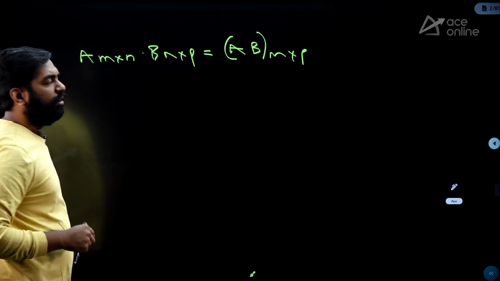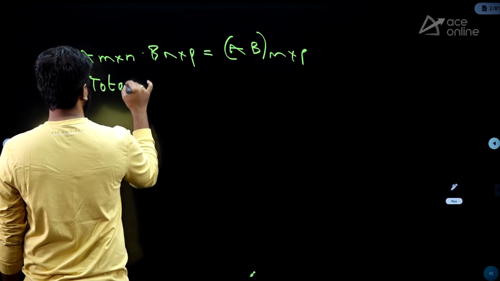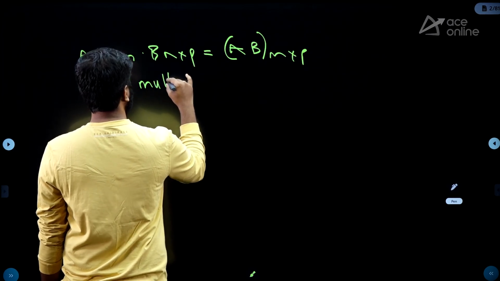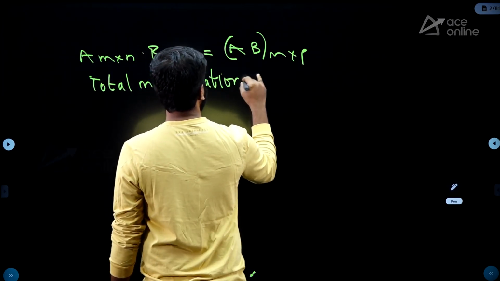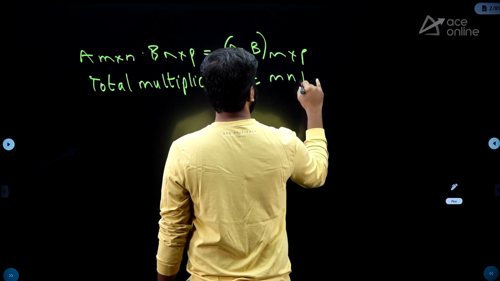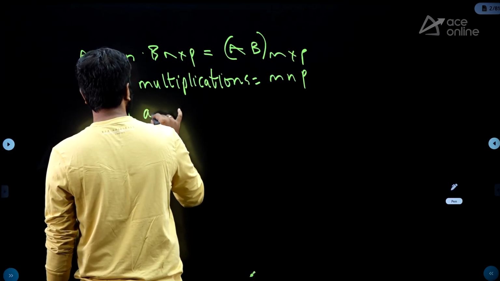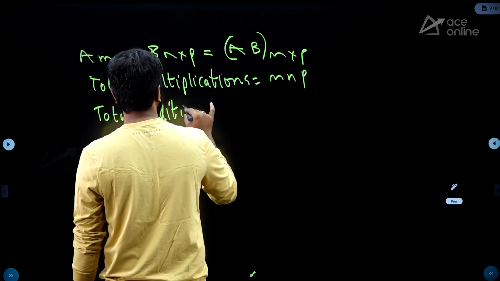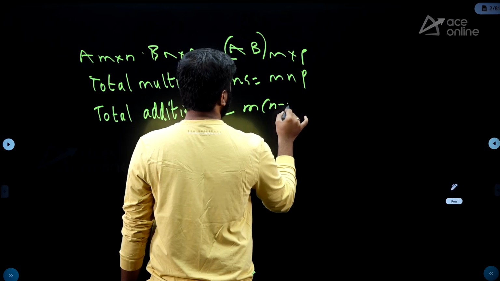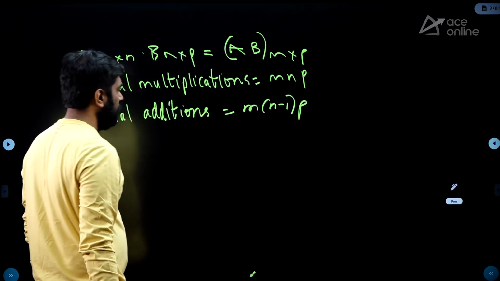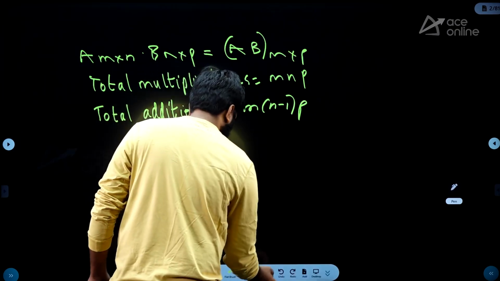In obtaining this matrix AB, the total multiplications needed is m into n into p, and the total additions needed is m into (n minus 1) into p. So this is one of the important things. This was asked in the previous GATE.